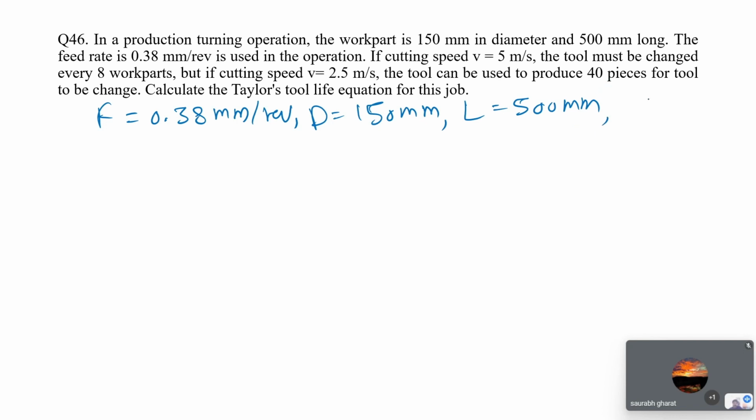The cutting speed they have given in meter per second, so convert it to meter per minute.